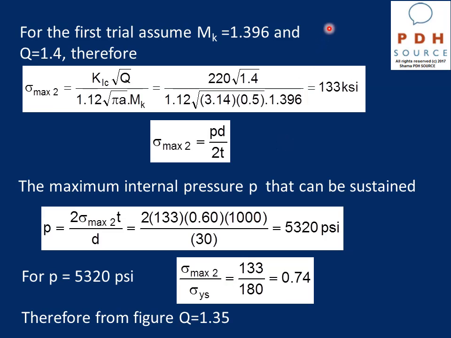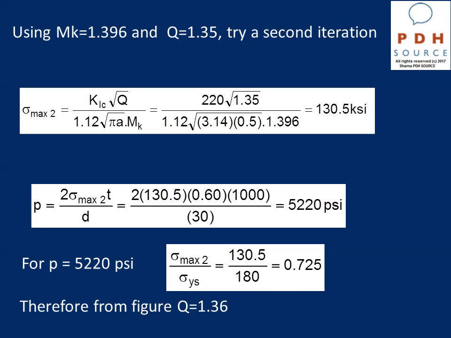So we started with 1.4, we ended up with 1.35, which means that I need to go through a second iteration. So my second iteration is going to be with Mk equal to 1.396 and Q equal to 1.35.